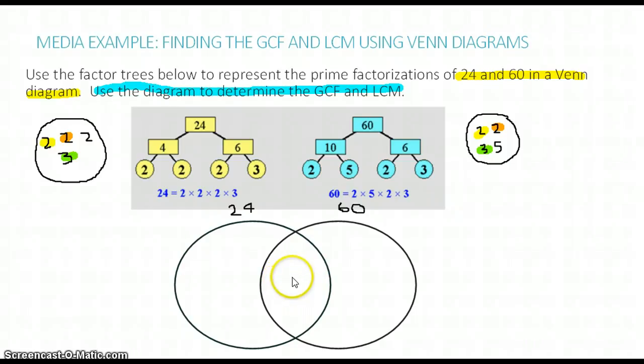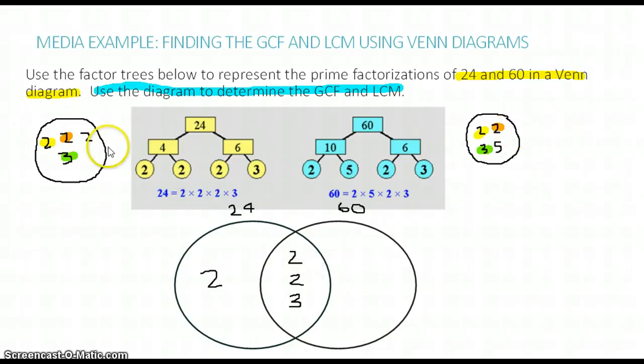Well, the overlap is going to be the prime factors that 24 and 60 share. So we're going to put 2, 2, and 3. Now looking at 24, the only factor we didn't include in this intersection is this number right here. So that goes on the outside. This is an additional factor of 2 that 60 does not have.